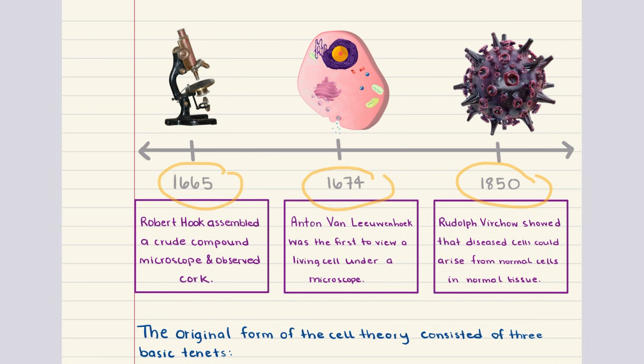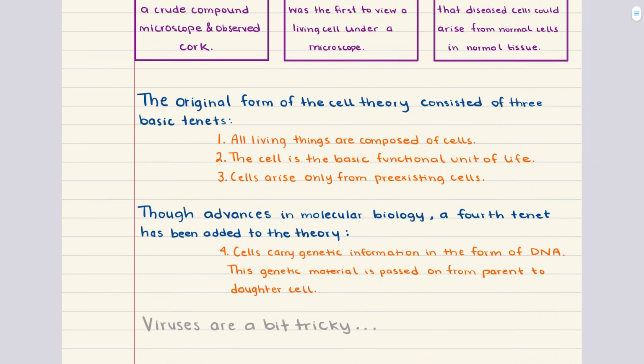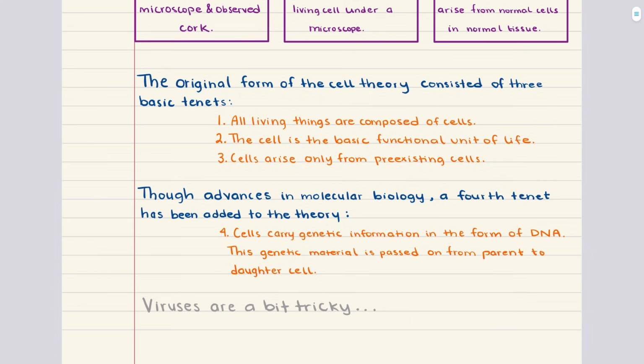He demonstrated that diseased cells could arise from normal cells in healthy tissue. This suggested that cells don't just appear randomly, they come from other cells. And these discoveries led to the original version of cell theory, which includes three main tenets.